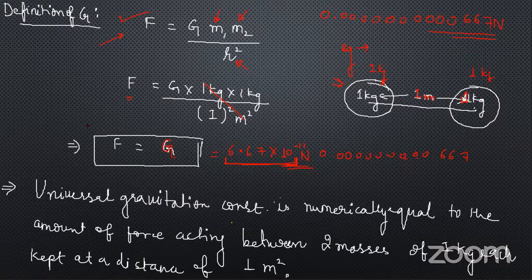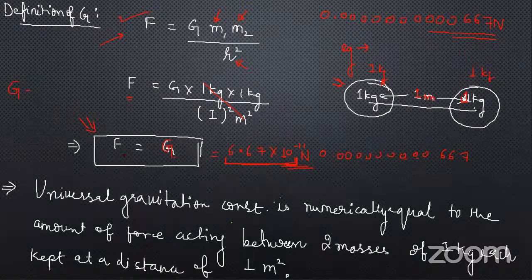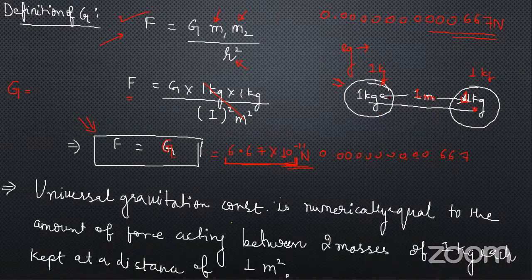So from here we can define the universal gravitation constant. I can say that numerically the value of G is equal to the force which exists between two 1 kg masses which are separated by a distance of 1 meter, right?